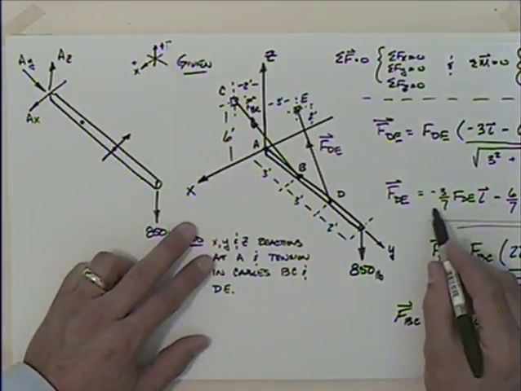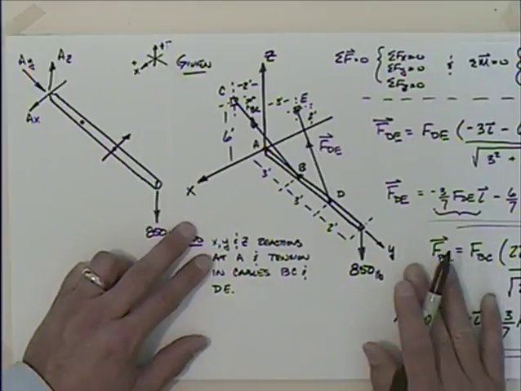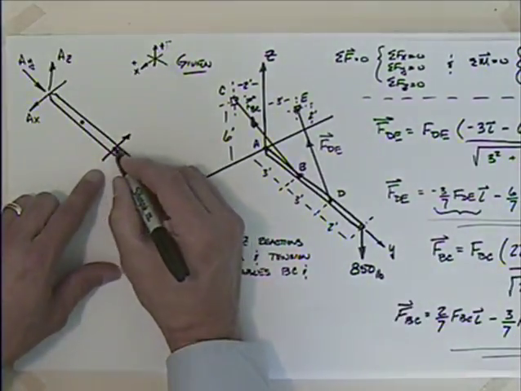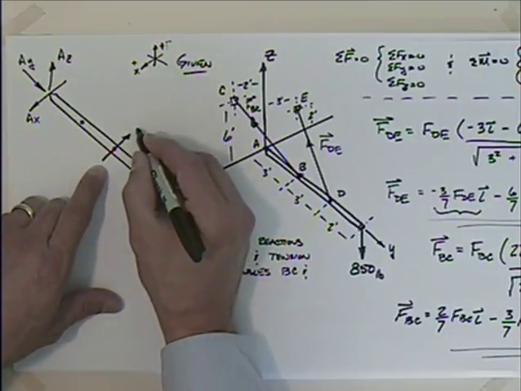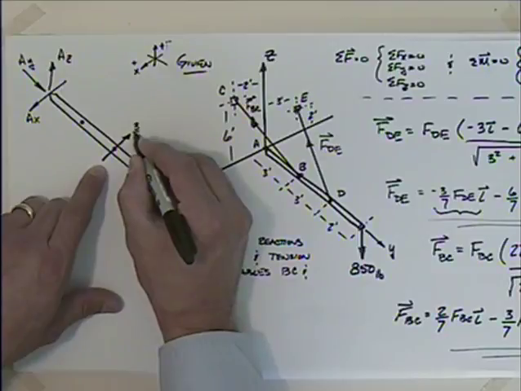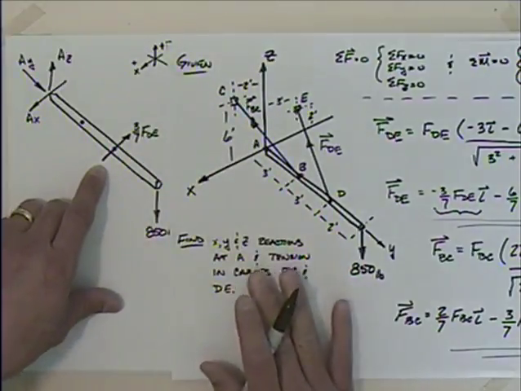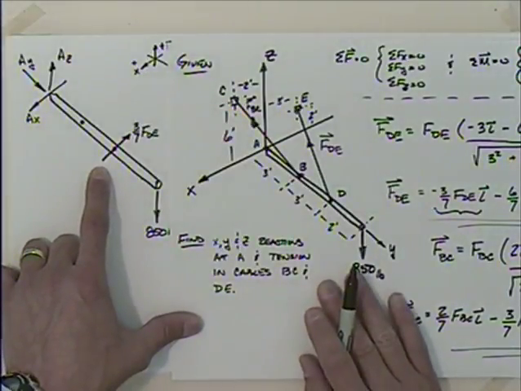So while that term there is minus 3/7, I'm going to write it as a positive 3/7 because I'm going to put it the opposite way. Okay, so I'll say that this is 3/7 F_DE. Okay, so that's in the minus X direction. That's why I don't have to put the negative on it.